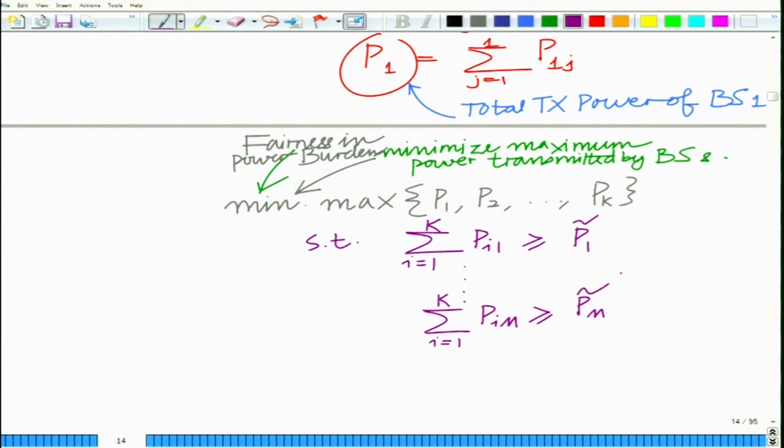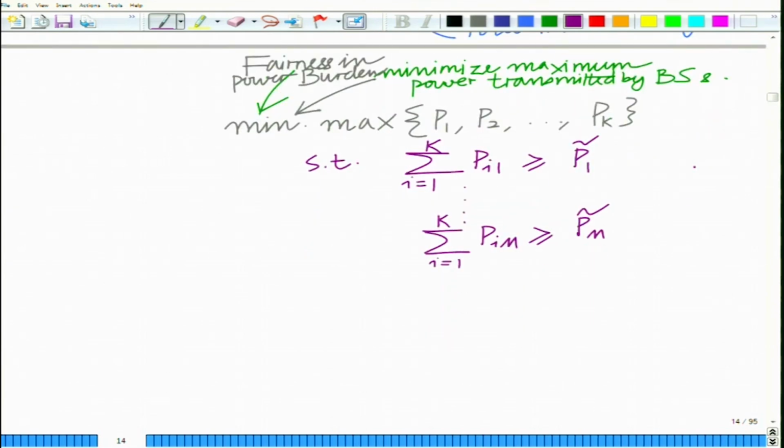So, this is now, if you look at this minimax, now if you look at each Pi, and we have already seen this, each Pi is summation j equals 1 to m of P1j, and you can see this is affine, or this is convex.